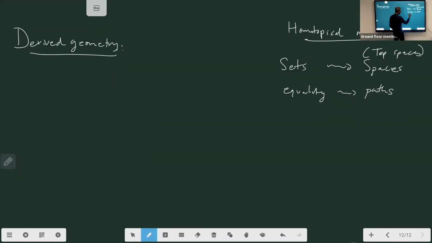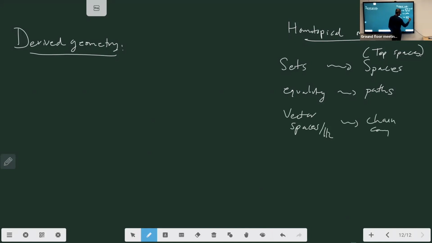We're going to replace vector spaces or modules over some K with chain complexes over K. So I'm assuming everybody knows what this is. We already saw a chain complex a while ago.